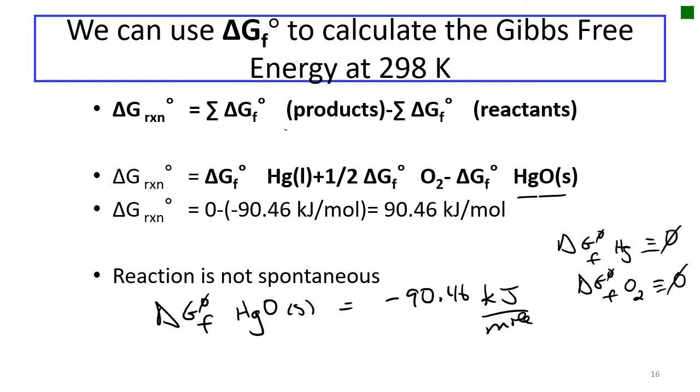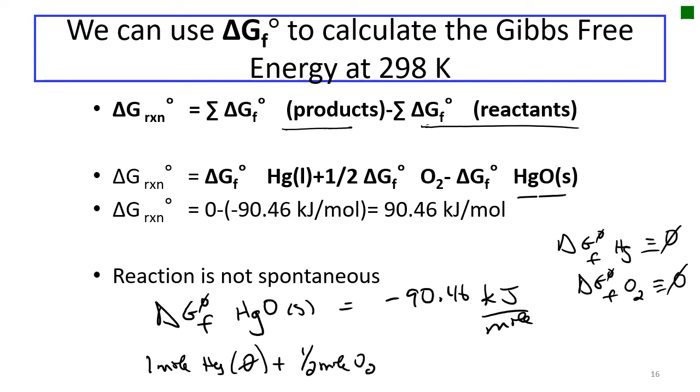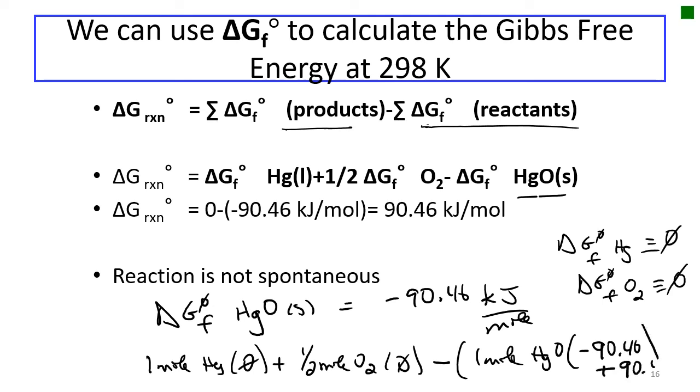And our reaction is going to be products minus reactants. So we have 1 mole of Hg multiplied by 0 plus 1/2 mole of oxygen multiplied by 0 minus 1 mole of HgO multiplied by minus 90.46, and this is going to give us a positive 90.46, in units of kilojoules.